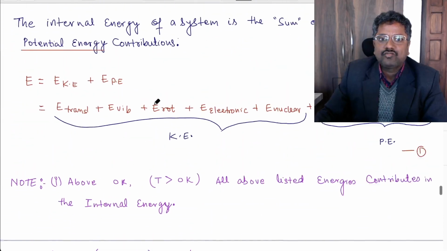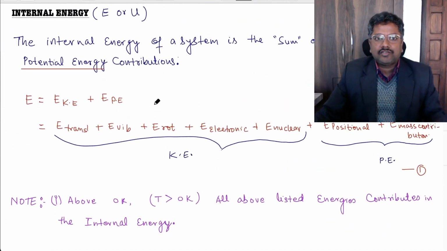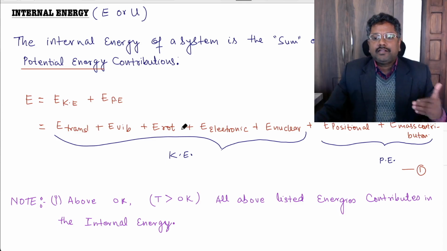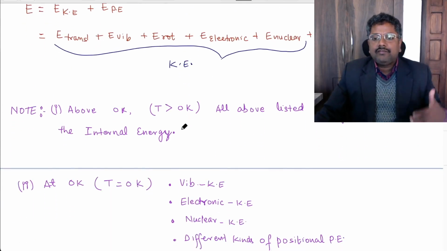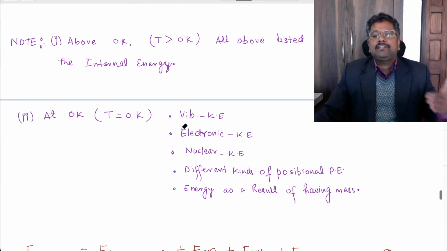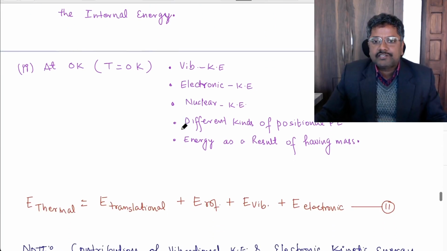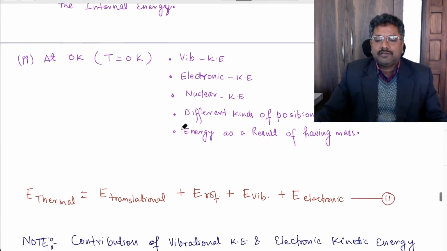Okay, so this is introduction about the internal energy. What is the meaning of internal energy? What different energies are contributing in the internal energy? Above 0 Kelvin, what is the contribution of different energies, and at 0 Kelvin, what the different components contributing in the internal energy of the system?